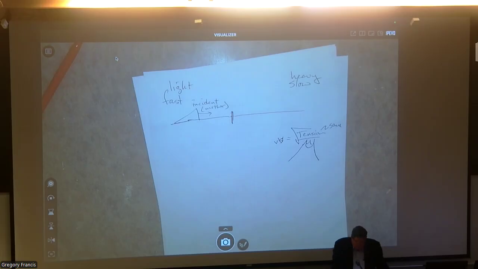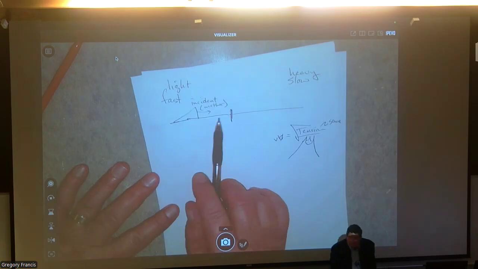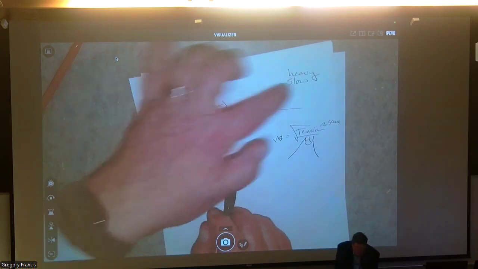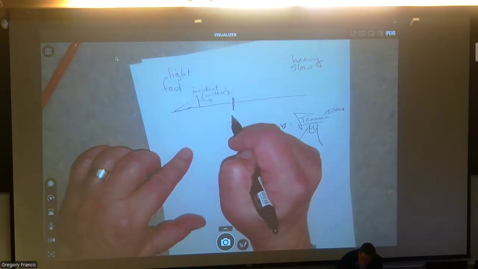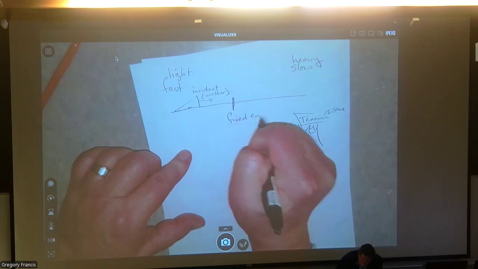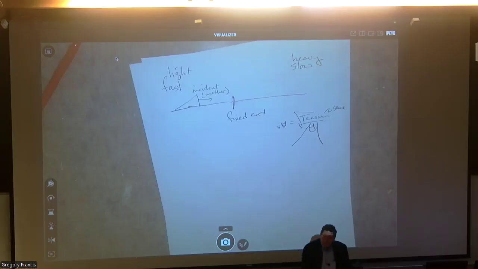Now, if I think of the light one as a fishing line and the heavy one as a chain, if I'm going from light to heavy, this boundary is going to act like a fixed end. Now I know from that next to the last tutorial that when I hit a fixed end, the reflected pulse inverts. If it was on top, it comes back on bottom.